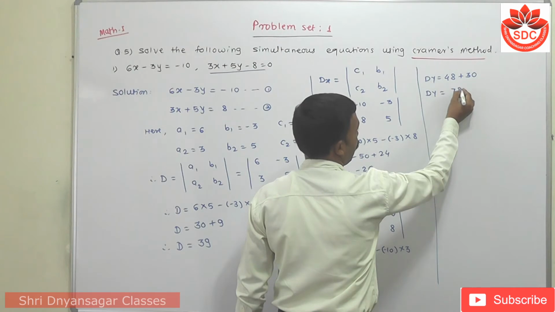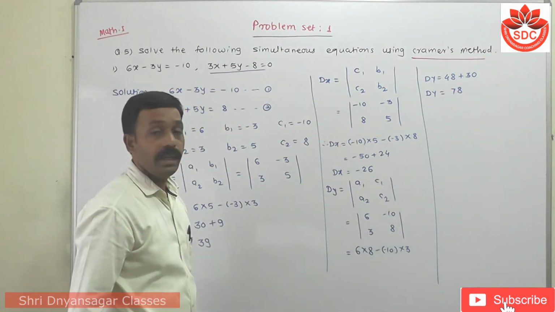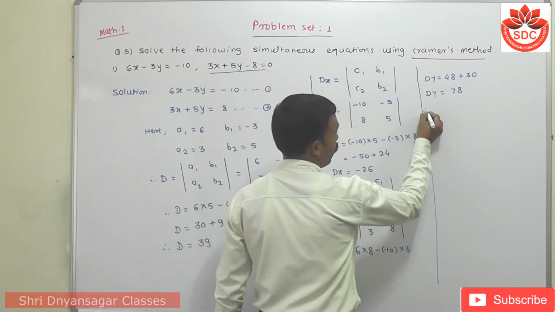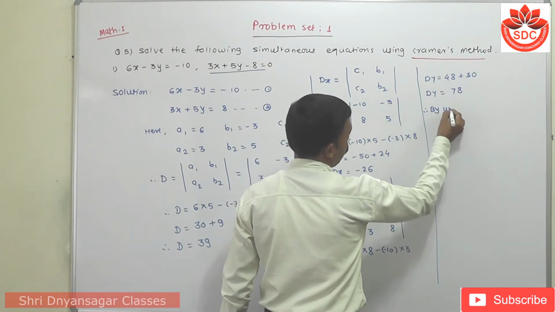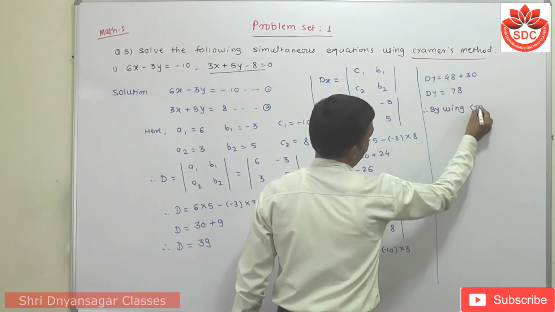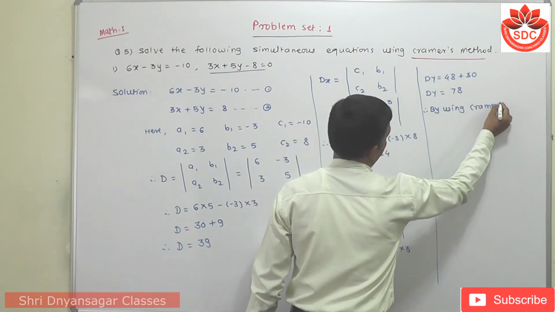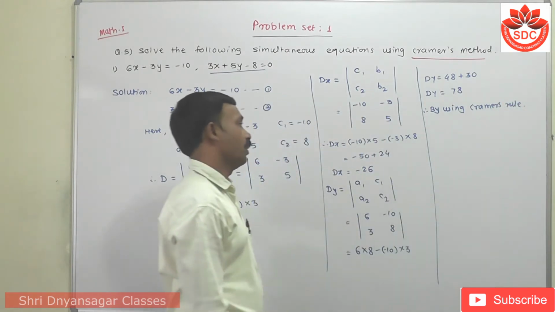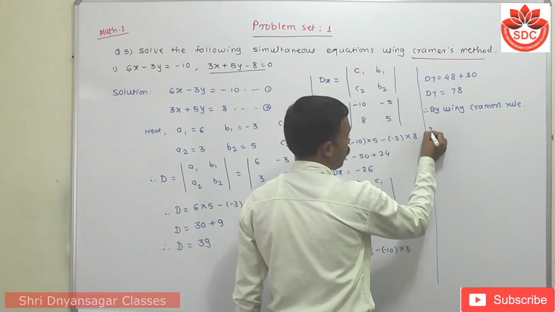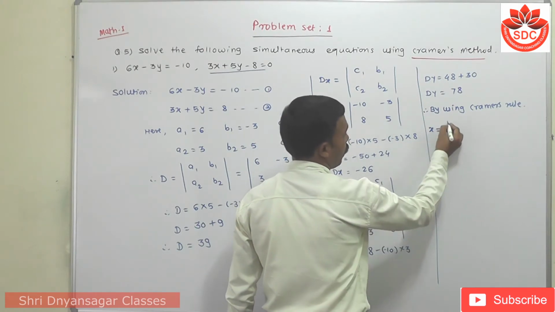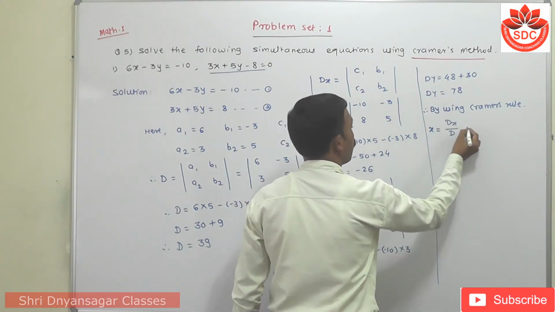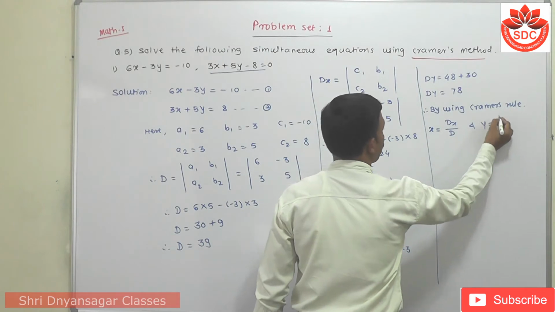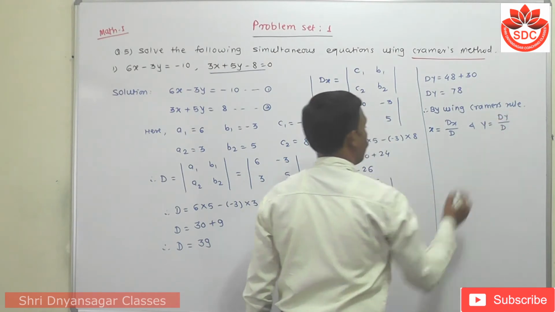78. Now by using Cramer's rule, x is equal to dx upon d and y is equal to dy upon d.